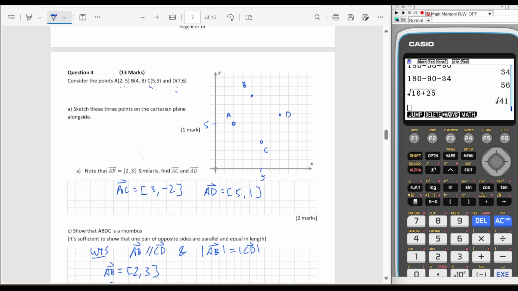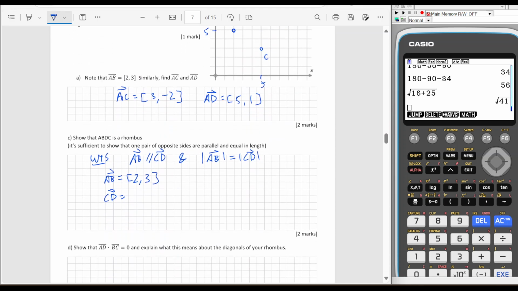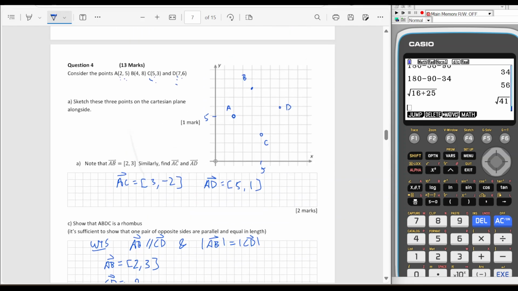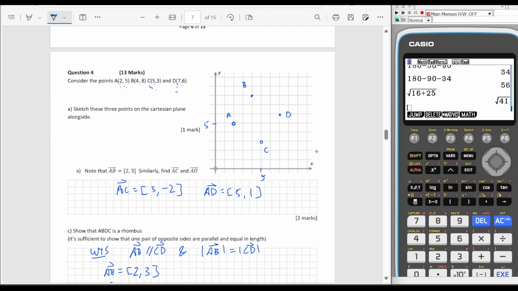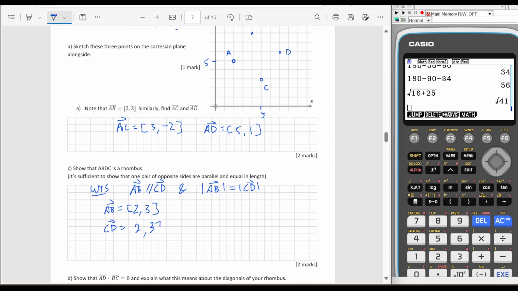And CD, 5 up to 7, so that's 2. And then 3 up to 6, so that's also 3. So actually, AB equals CD. Therefore, these two conditions are satisfied. Therefore, ABDC is a rhombus.